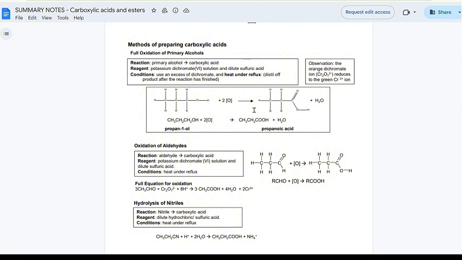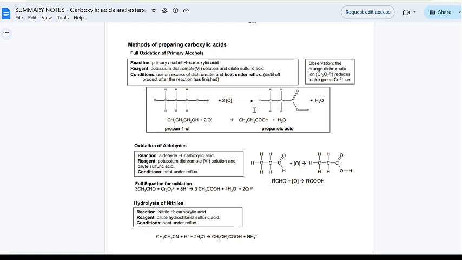Yeah, I know this one. Potassium dichromate, dilute sulfuric acid, reflux, to make a ketone or aldehyde. Except this is not that. This is alcohol to carboxylic acid, and it's not reflux.